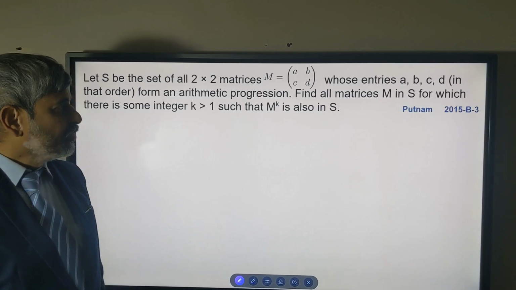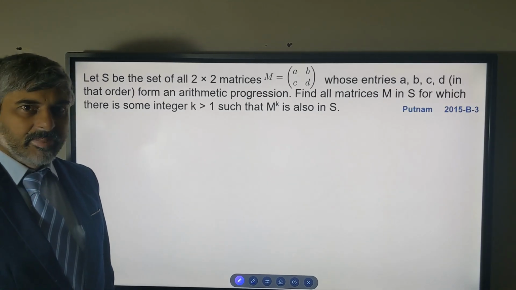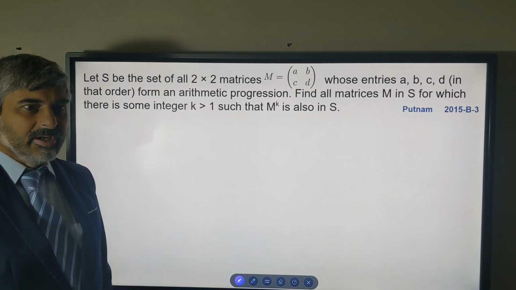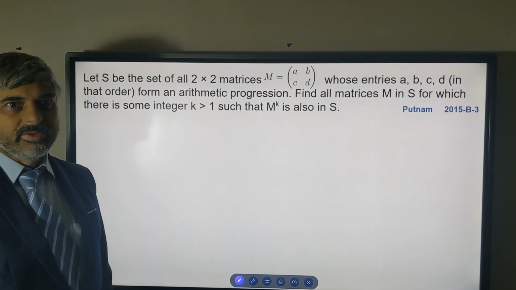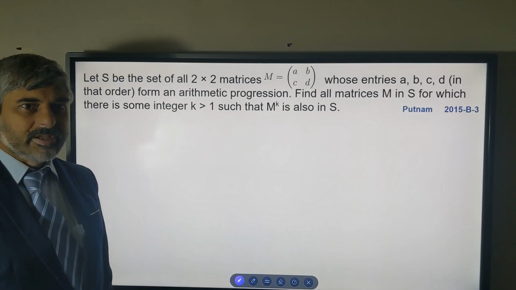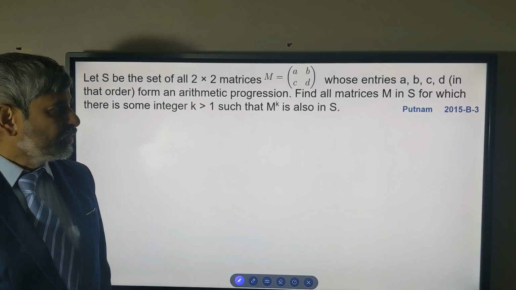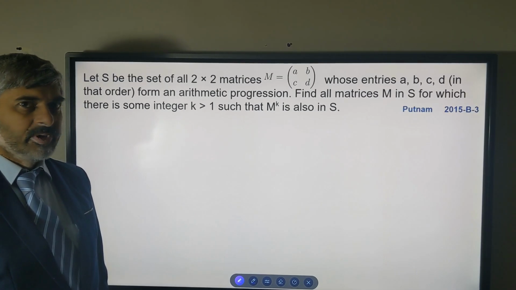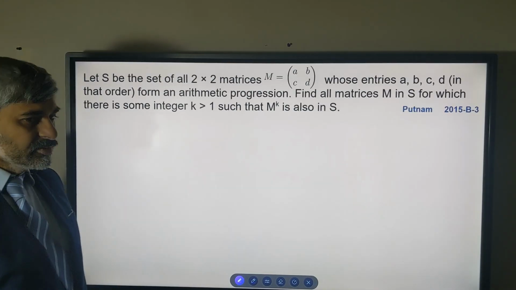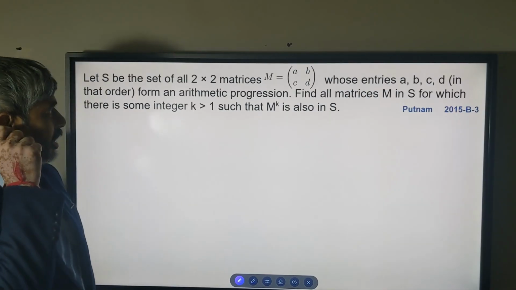So linear algebra is important for machine learning, and doing the tough problems in linear algebra also improves your problem solving capability required for understanding the algorithms in machine learning. So let's take a look at this problem.